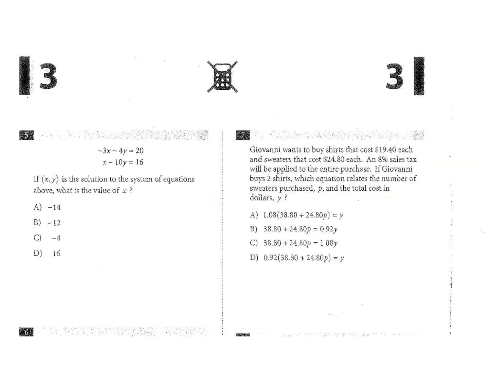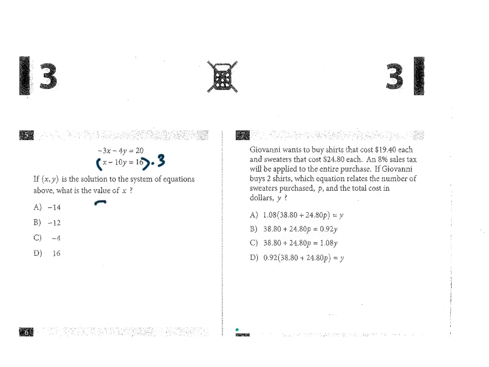For number 5, we want to solve this system of equations. Since this system is given in standard form, the multiplication method is the best way to do that. So we multiply by 3 on both sides.